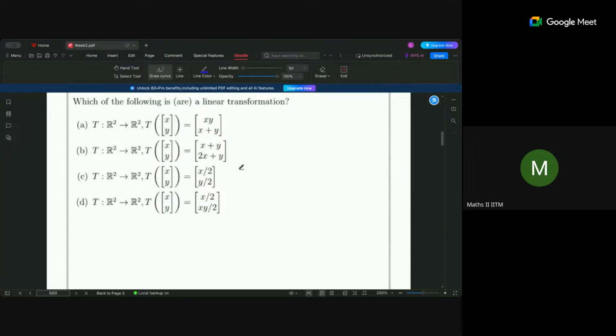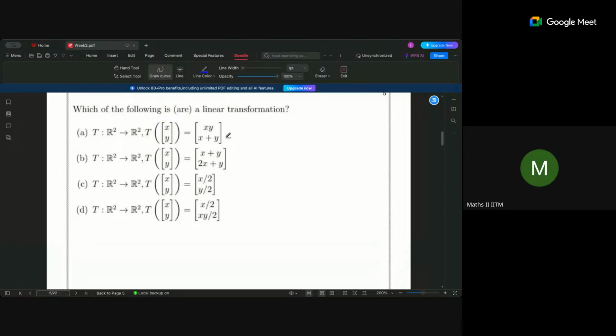Once we finish this example, I will tell you there is a simpler formula for checking a linear transformation. So here, for the first case A, for example, what is T of 1, 1?